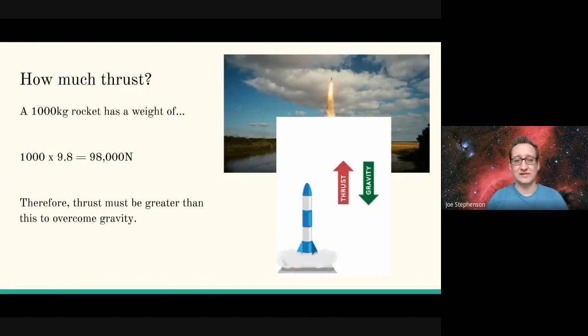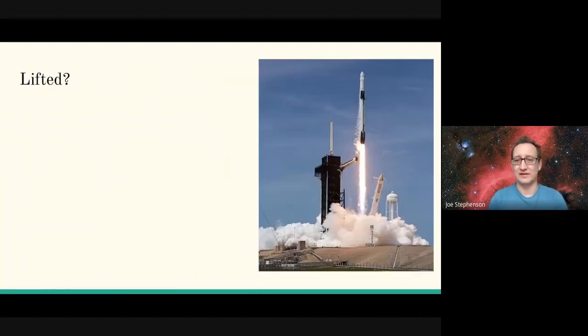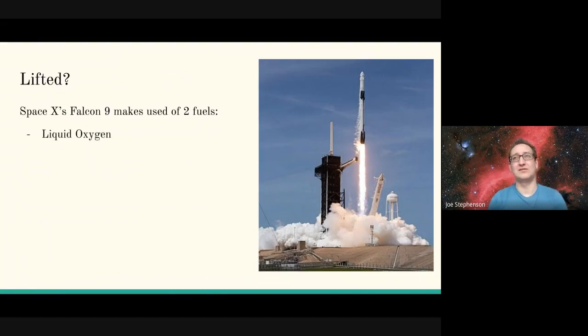Now, rockets that you're going to look at have massive amounts of force that the engines can generate, and you can have a look at that. Now, SpaceX's Falcon makes use of two key fuels in order to do this. Okay, so we use liquid oxygen. Liquid oxygen is then mixed with a really refined, pure kerosene. So kerosene is a jet fuel.